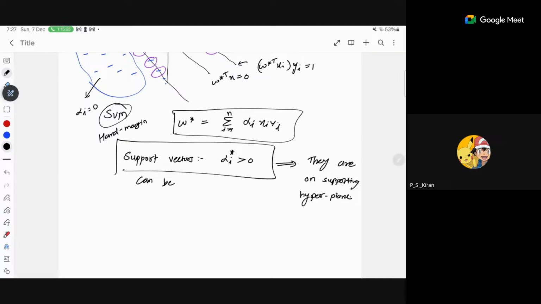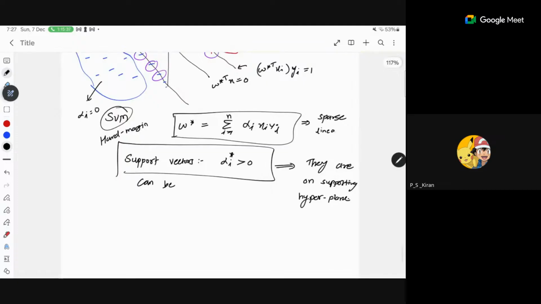So we know that W star is a linear combination of data points. Now we can say that it is a sparse linear combination of data points. What do you mean by that? Not small, not everyone is contributing. Only a few data points. The remaining data points, which are not on the hyperplane, we are neglecting. Yes, right.